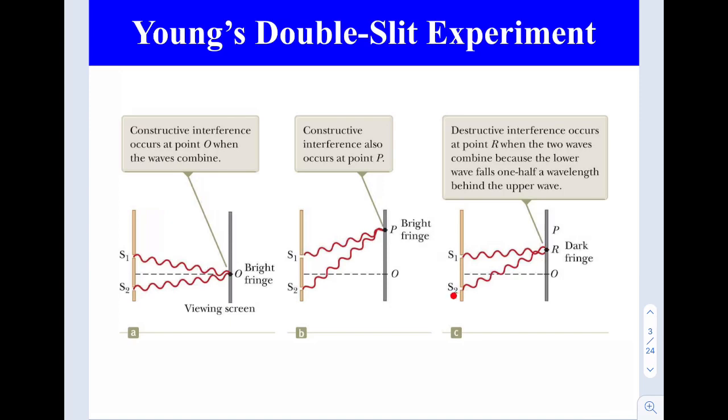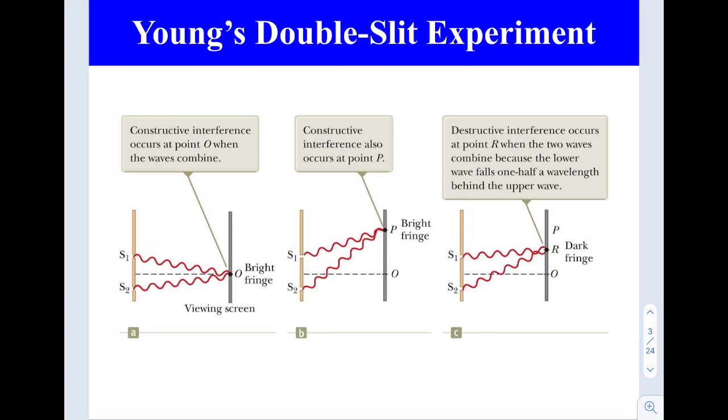However, the wave leaving S2, when it reaches point R, is in the condition of a trough. So between crest and trough, the difference between them is one half, meaning half of a wavelength.